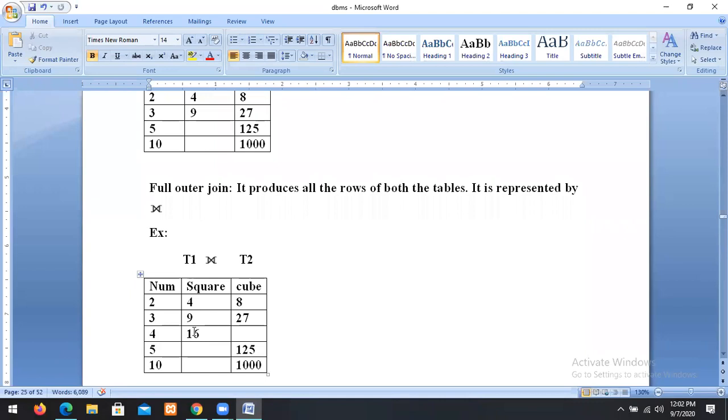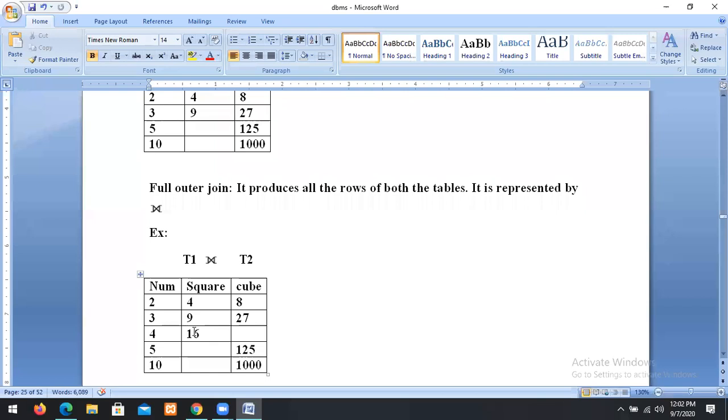First of all, you have to find the difference between inner join and outer join. Inner join, the rows will be selected when it satisfies the condition. That is called as inner join. What is outer join? In outer join, the rows will be selected even if there is no matching row. That's what we call outer joins.